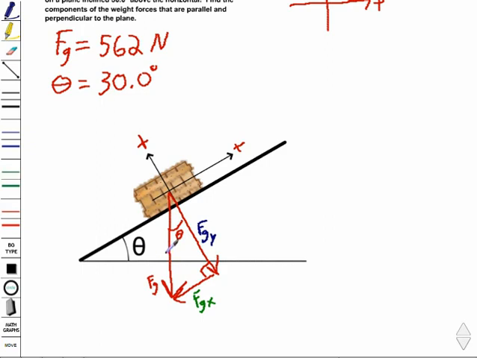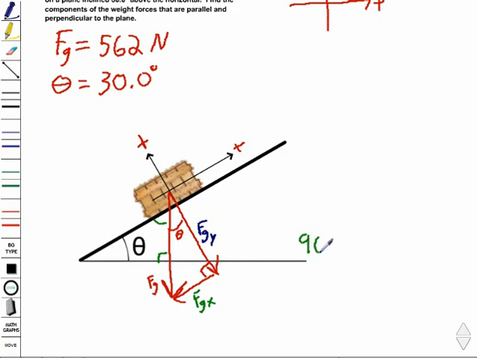In order to get that, since weight acts directly downwards, with the horizontal it forms a right angle. And we already said that theta was equal to 30, so we know this is raised up 30 degrees. In a right triangle we've got 180 degrees.